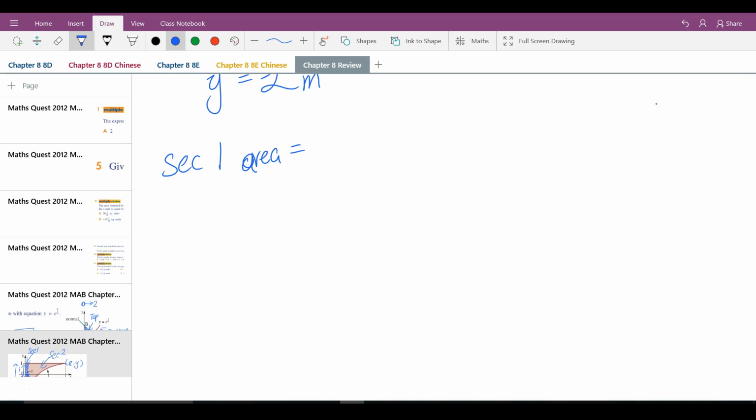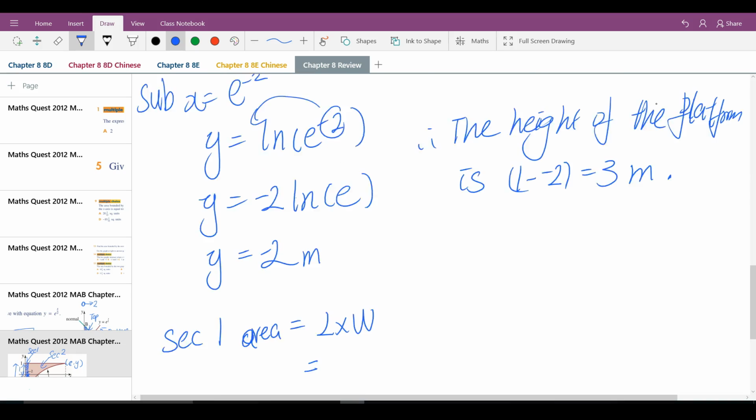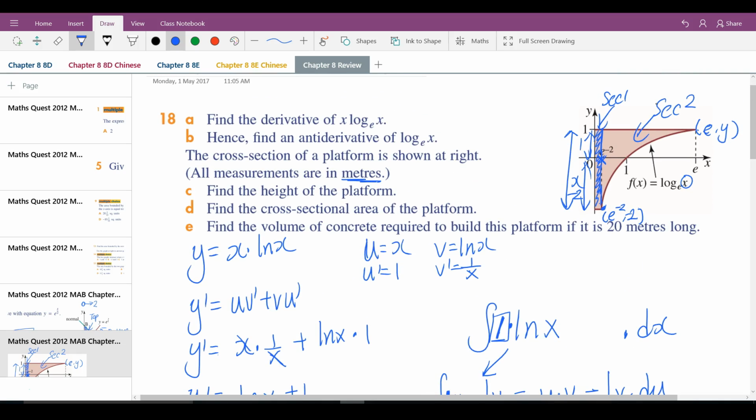Section 1 area is just equal to, it's a rectangle, so it's just length times width. Now we know that the length of the first rectangle, section 1, is from 0 to e to the power of negative 2, so that is e to the power of negative 2.